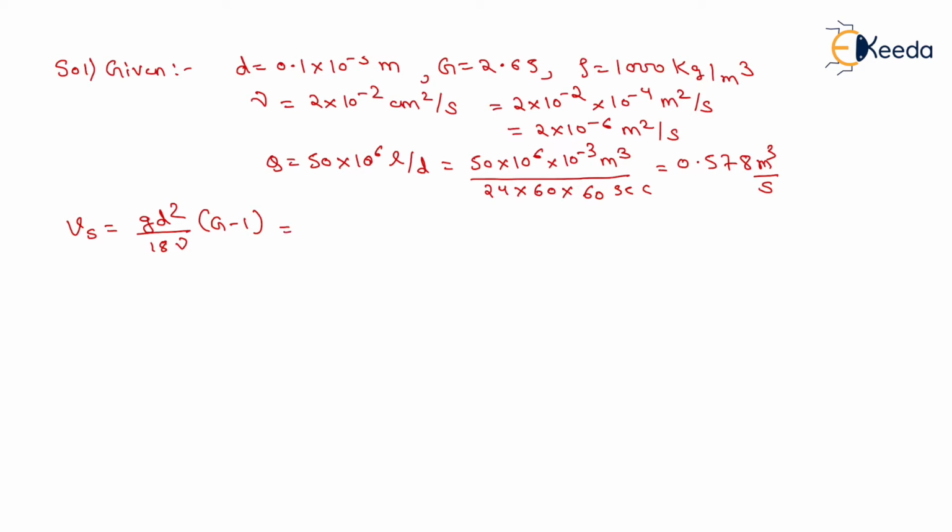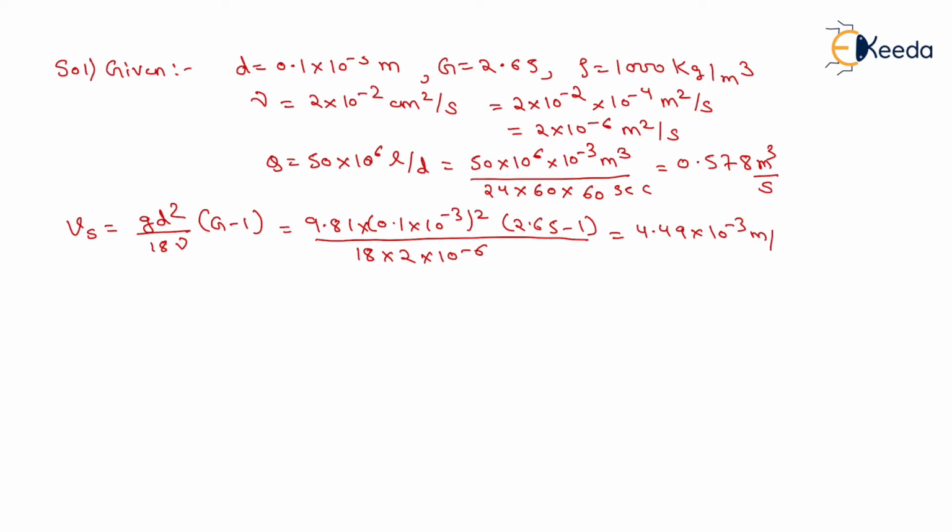So we write it as 9.81 into (0.1 into 10 to the power minus 3) whole square times (2.65 minus 1) divided by 18 into 2 into 10 to the power minus 6, and the settling velocity comes out as 4.49 into 10 to the power minus 3 meter per second.